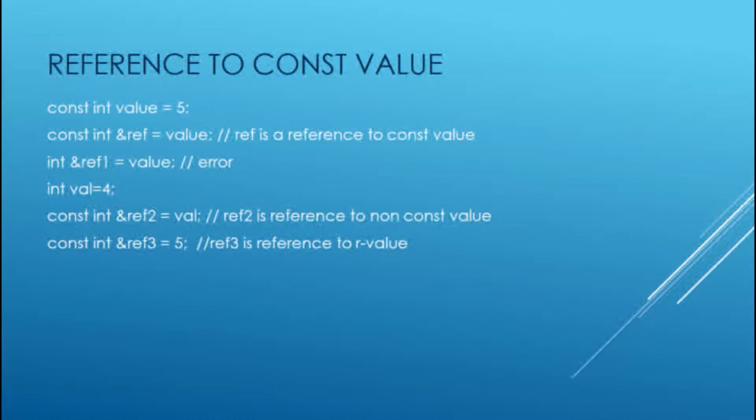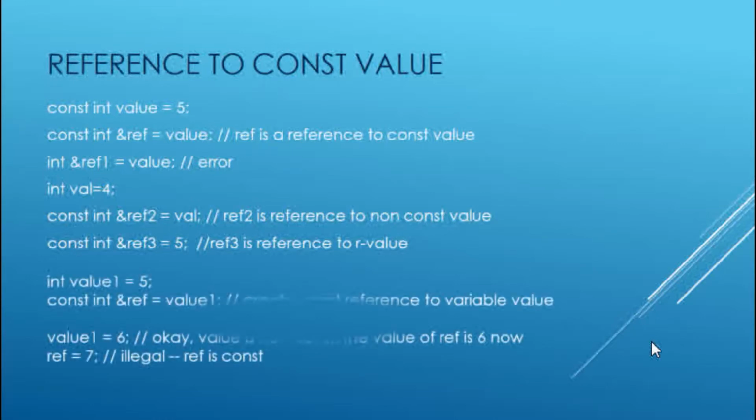When a constant reference is referring to a non-constant value, any change in the value directly will have an effect on the value of the constant reference. But when the value is modified using the constant reference, it gives an error. Let us see an example. Here we have an integer variable value 1 equal to 5, and a constant reference which is pointing to this value 1.